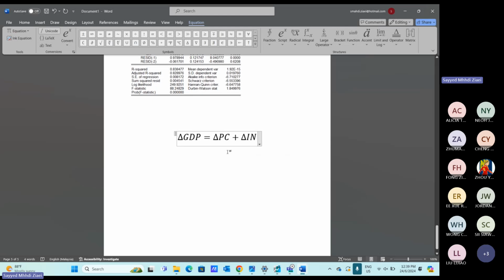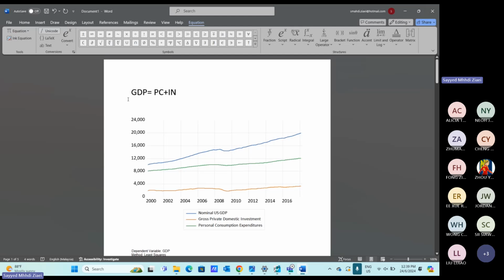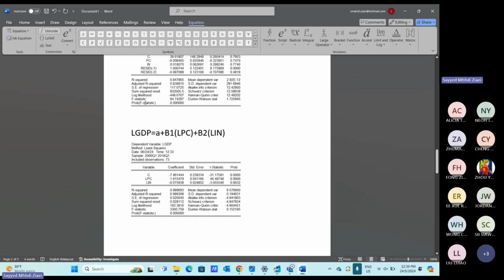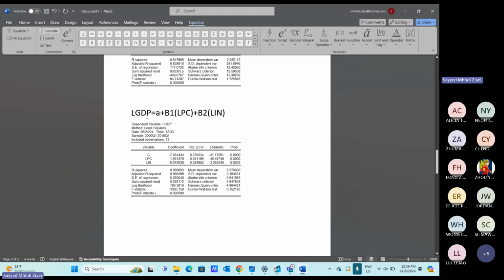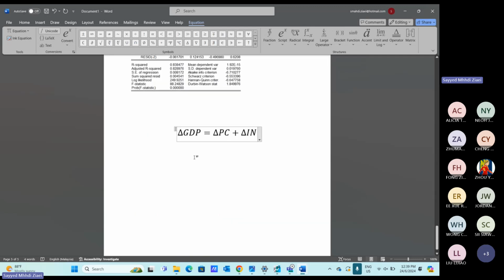So again, for those students that came to class late, first I define the simple function. When I use the simple function, I found the problem of heteroscedasticity and autocorrelation. After that, I take log to reduce the problem of heteroscedasticity. After I took log, I resolved the problem of heteroscedasticity. Now, in order to solve the problem of autocorrelation, I use the first difference. Delta GDP equals delta PC and delta IN.